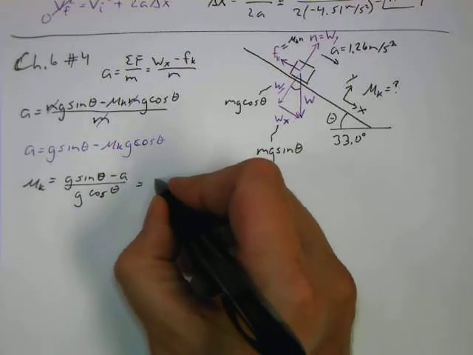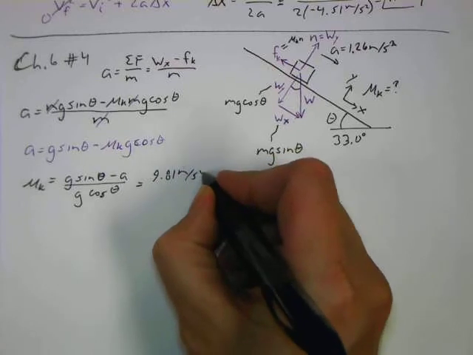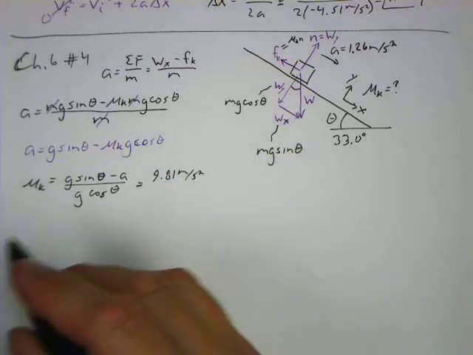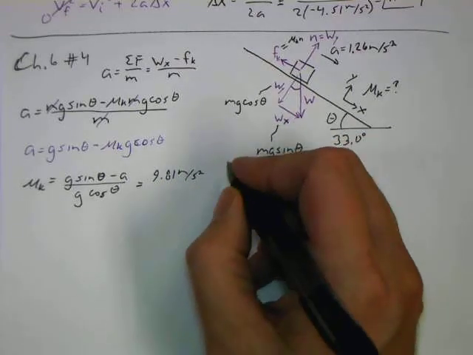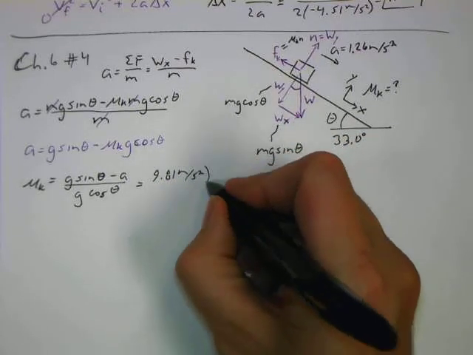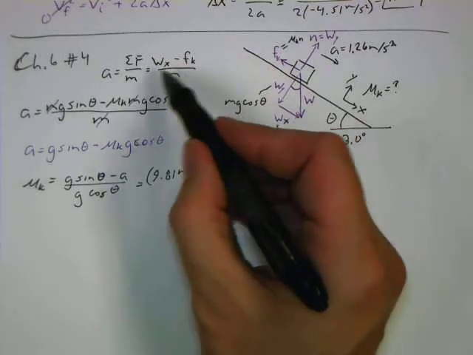Alright, so we've got 9.81 meters per second squared. I'm putting in magnitudes. I'm not worrying about positives and negatives right now. I already dealt with my positives and negatives up here.